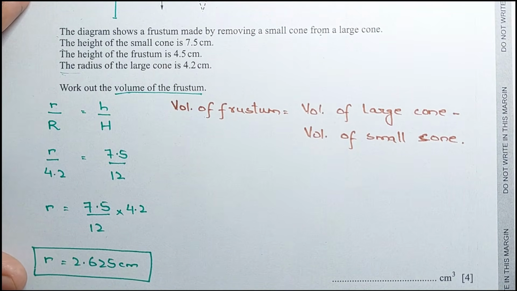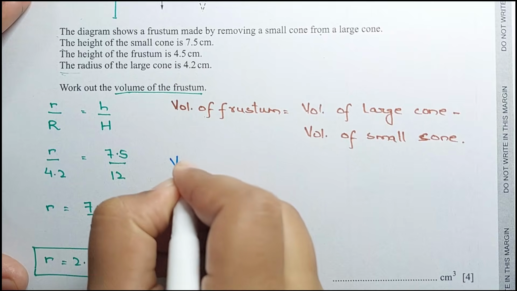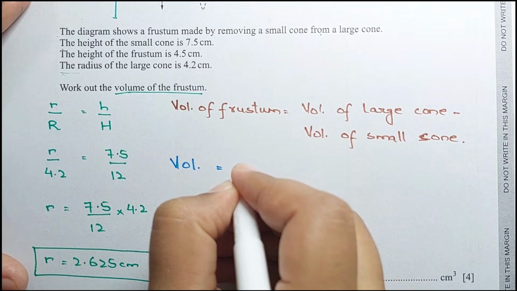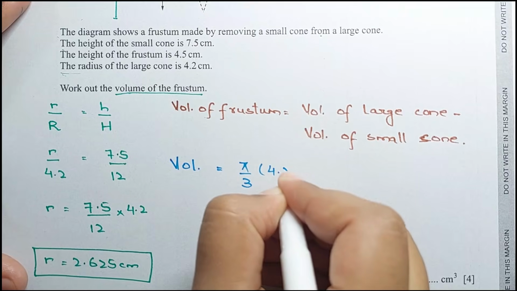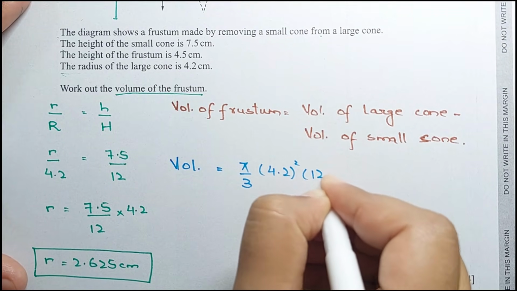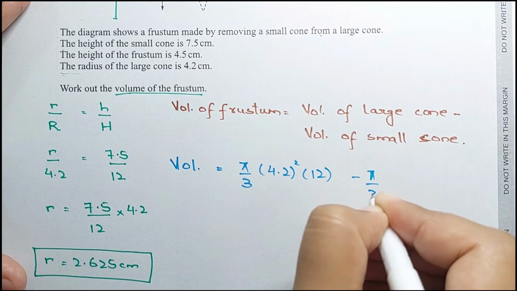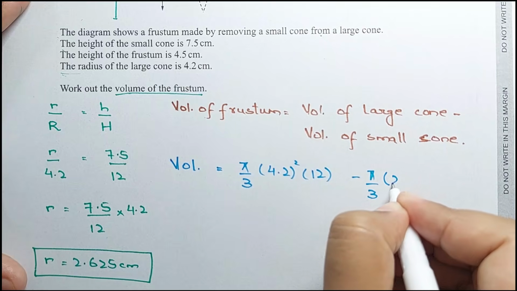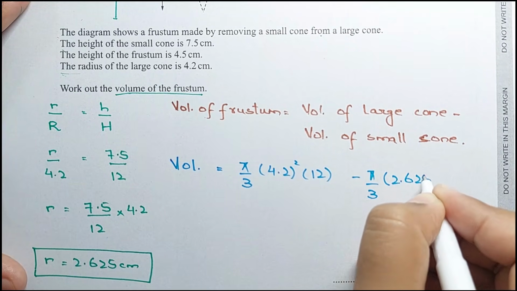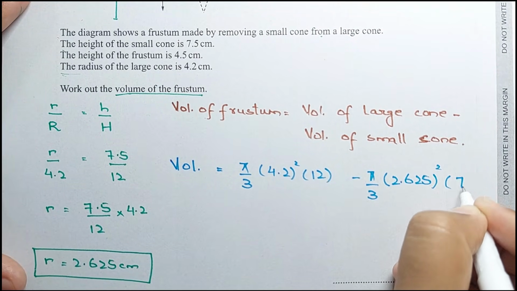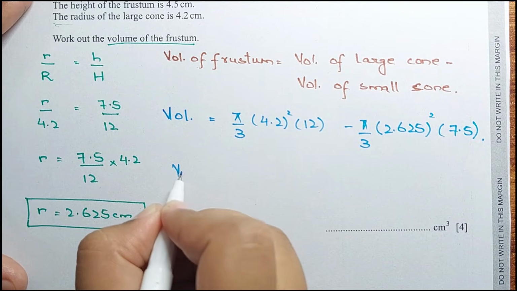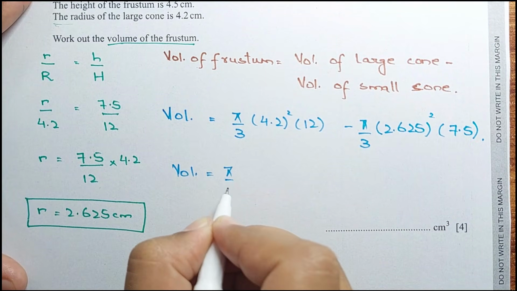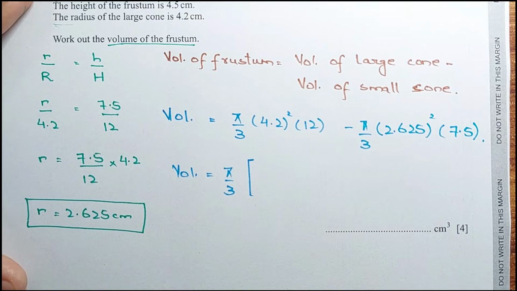So now let me simplify. Volume of frustum is pi by 3, radius of large is 4.2 square and the height of large is 12, minus pi by 3, the radius of small is 2.625 square and its height is 7.5. Okay, the volume is pi by 3. Let me take it outside.